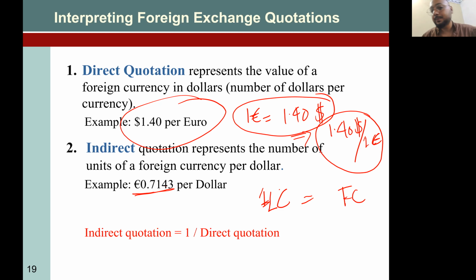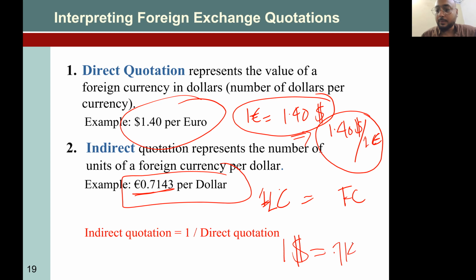So in this one, $1 is equal to 0.7143 euro, sorry, which means your home currency, if you are in US, is equal to 0.7143 euro, or we can write it down like 0.7143 euros divided by dollar, one and the same thing, right? So did you notice something? So please open your calculator and just calculate that.